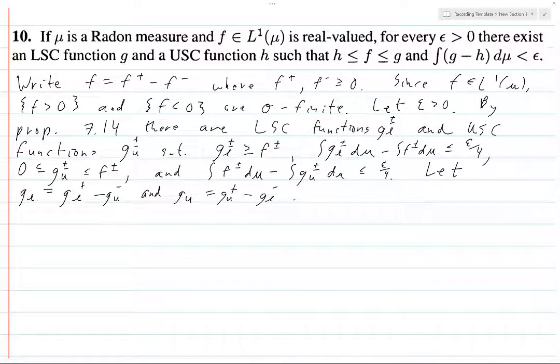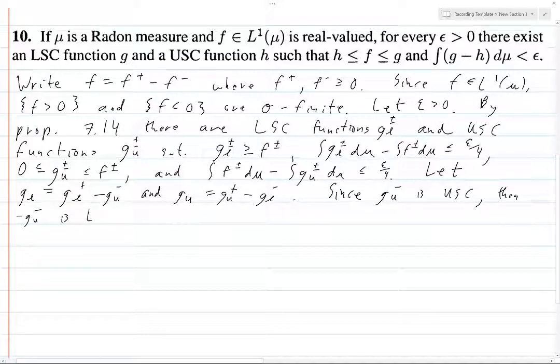Anyways, now why are these functions what we want them to be? Since GU minus is upper semi-continuous, then minus GU minus is lower semi-continuous, and so GL is lower semi-continuous.